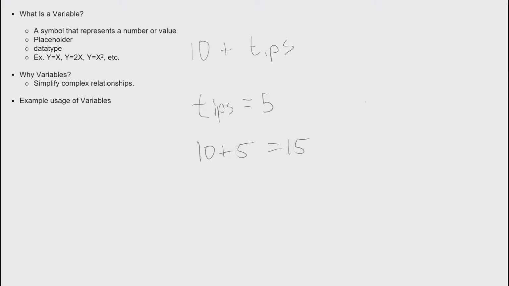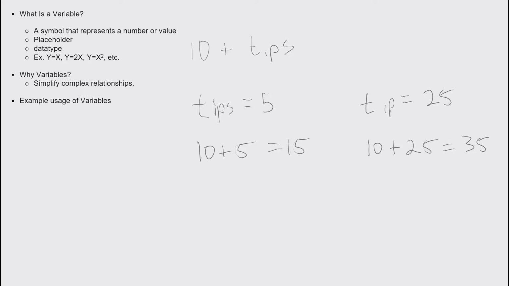Say another hour, you got $25 in tips. In that particular hour, you got 10 plus 25 equals 35. So you got $35 for that hour.